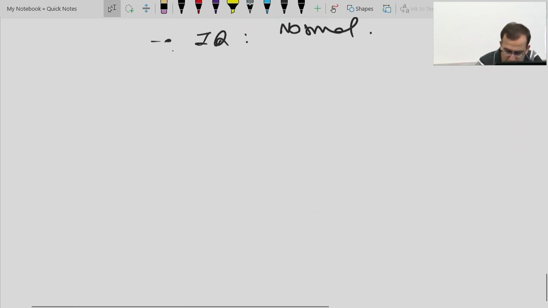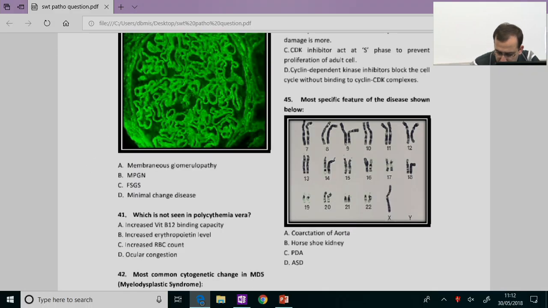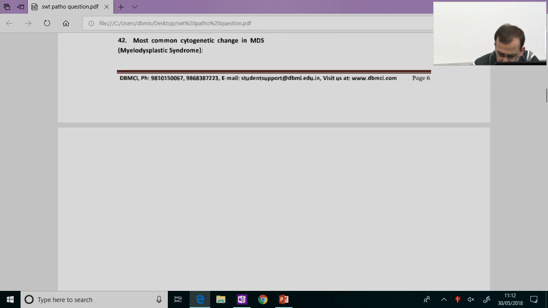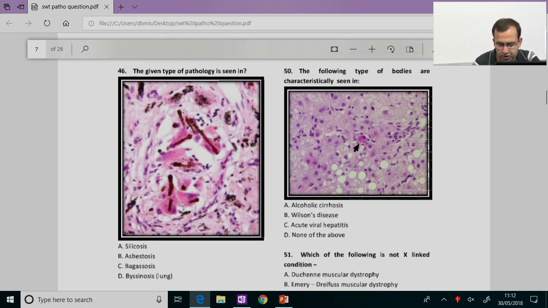Next, this gets us to question number 46. What we have here is the given type of pathology is seen in. You have the presence of classical asbestos bodies.